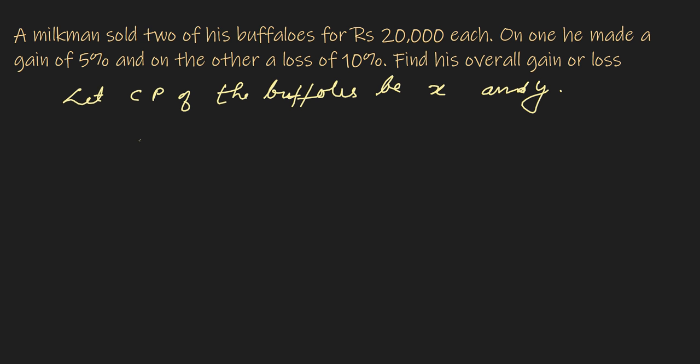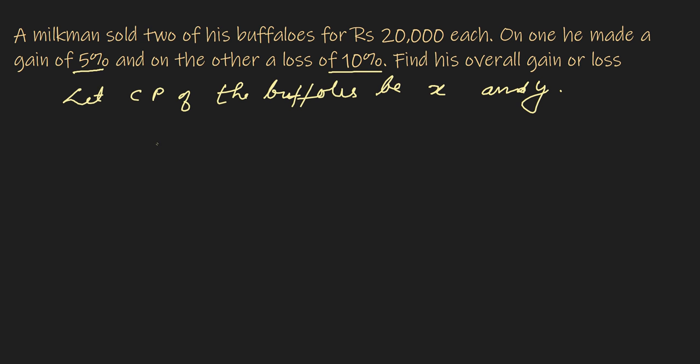That means the first buffalo, let the cost price be X. When he made a gain of 5%, we have to find out the cost price. For the other, the loss of 10%, we also have to find out the cost price.